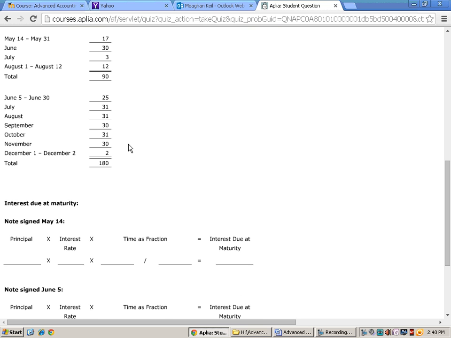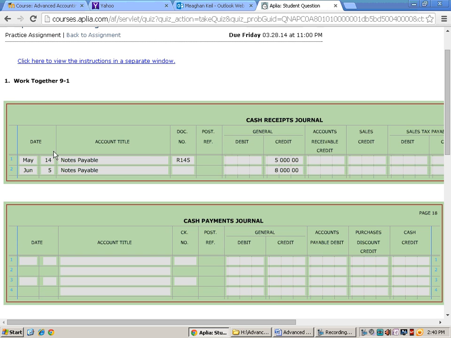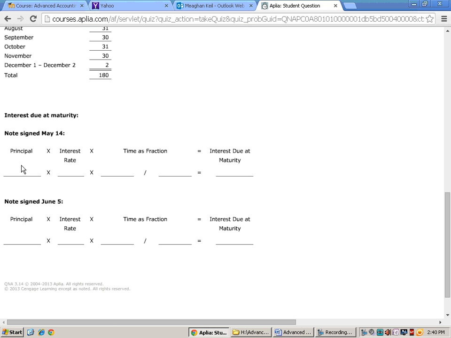All right, so now our interest. For May 14th, we borrowed $5,000. Our interest rate was 12%. Now, time is a fraction, so we have 90 days divided by 360, because again, that's what the banks use.